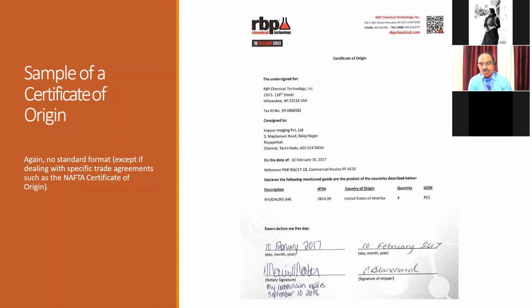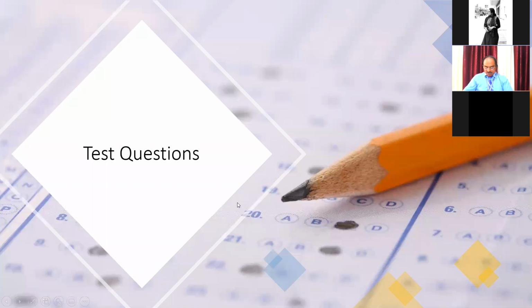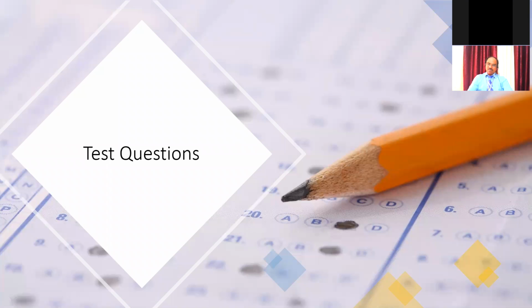Even if they send from the US goods purchased in London, it should mention that the country of origin is London. So these are the very important documents which we use in international trade. Of course, the pricing strategies are purely based upon all these things.